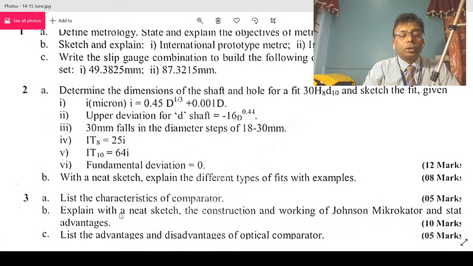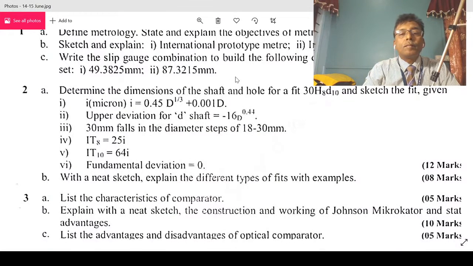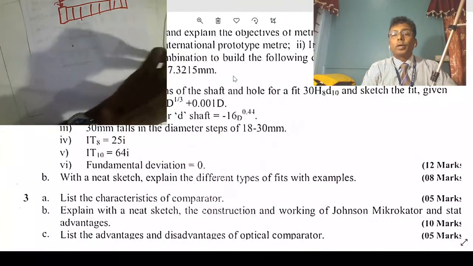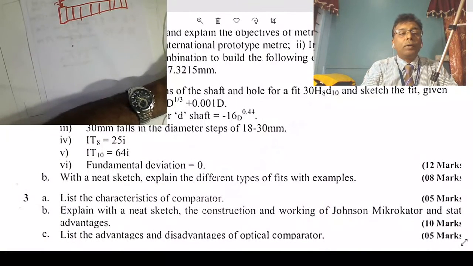Let me enlarge video capture window here. Okay, I can enlarge this. I will read the question for you, don't worry.